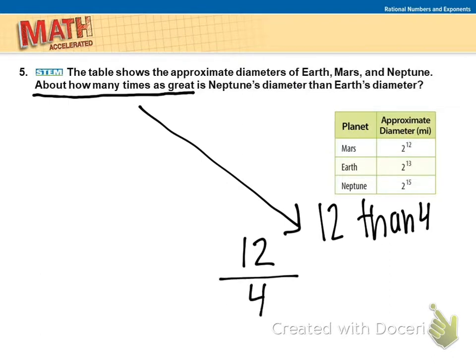Why would we use division, Jack? What are we finding when we divide something? If I divide 12 by 4, I'm figuring out what times 4 equals 12, right? So I divide this and I figure out that 12 is how many times greater than 4? 12 is 3 times greater than 4. Do we all understand that?